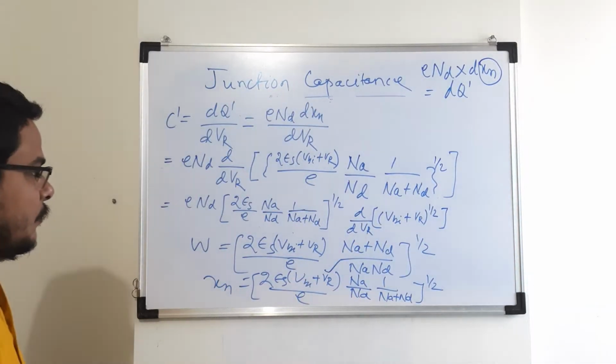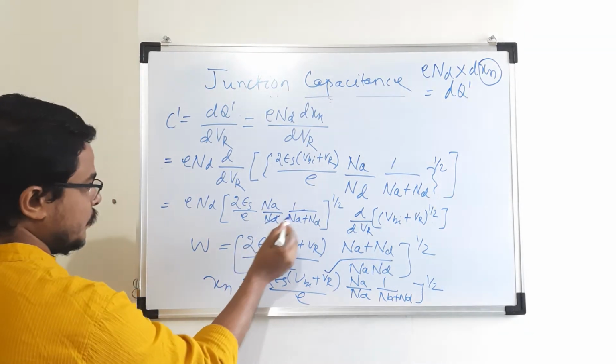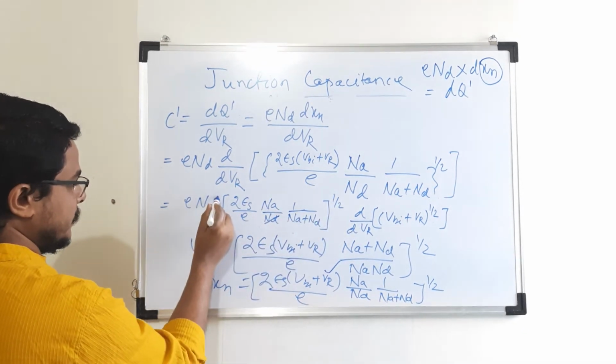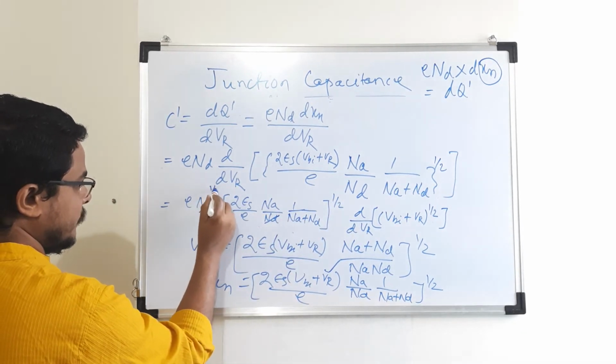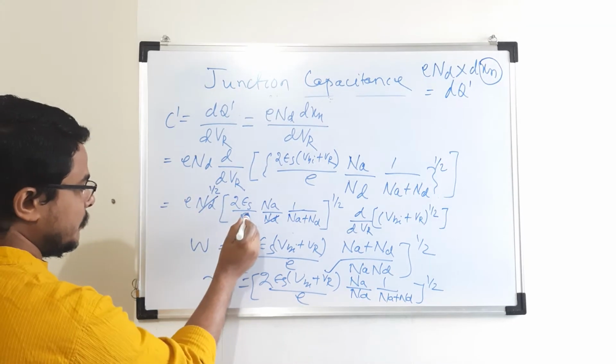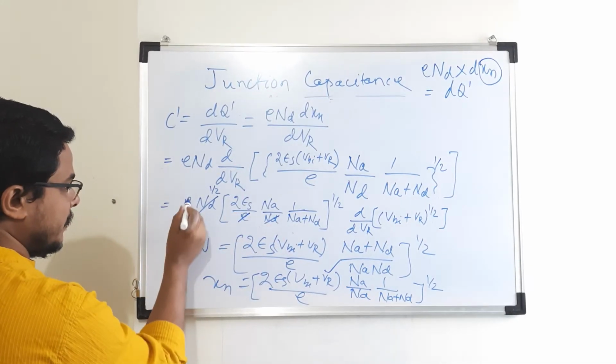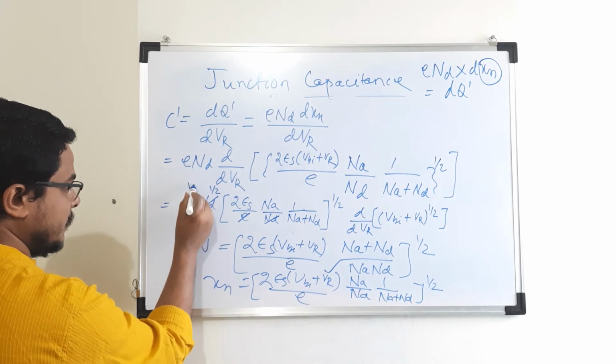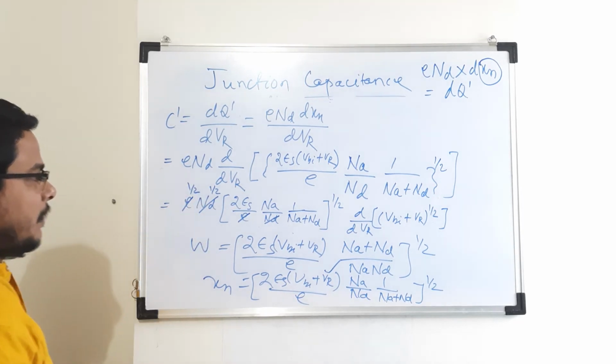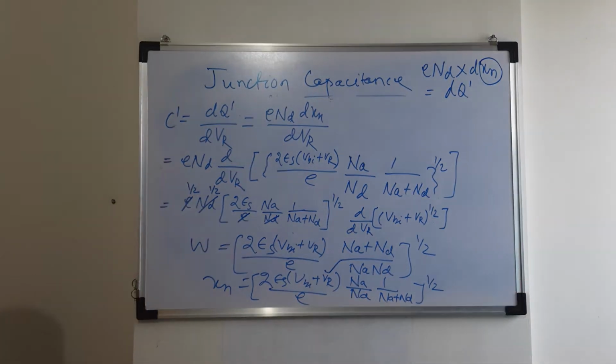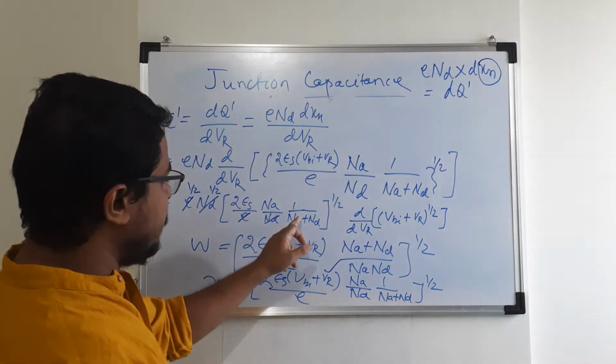Now you can see this is Nd to the power 1 by 2 and this is Nd, so if I cancel, we get Nd to the power 1 by 2. You have e to the power 1 by 2 in the bracket and e outside, so if you cancel, you get e to the power 1 by 2, and the rest will be here.